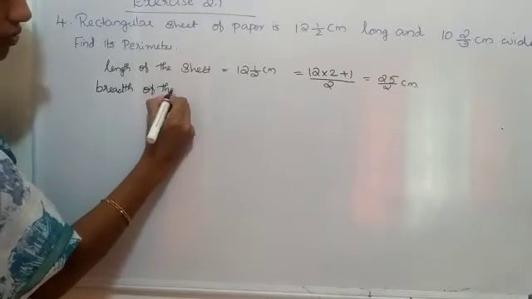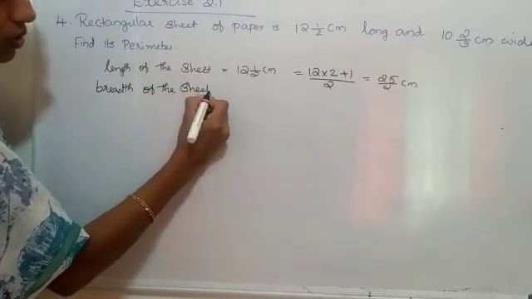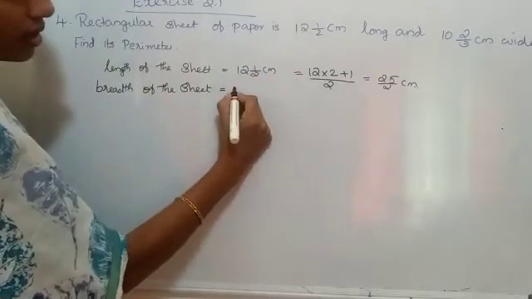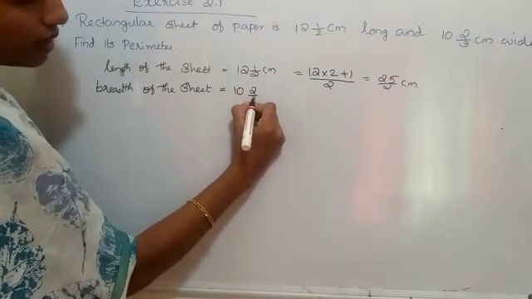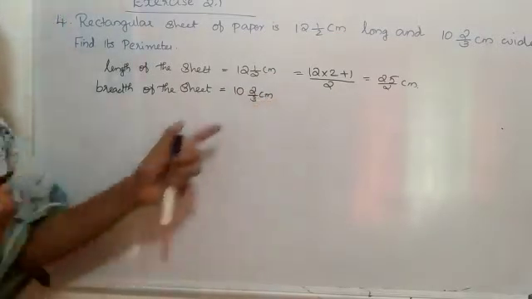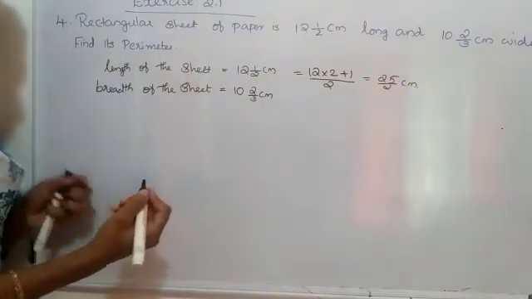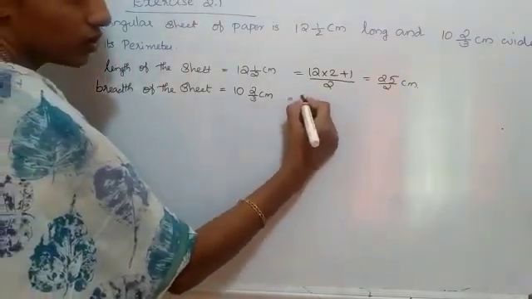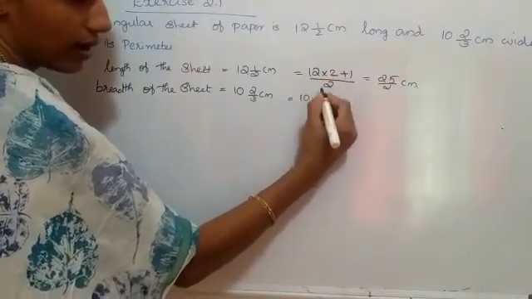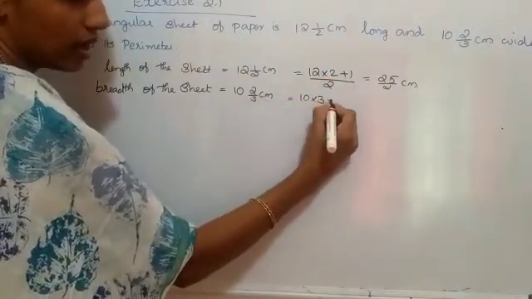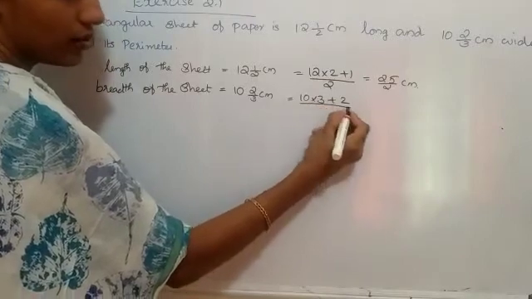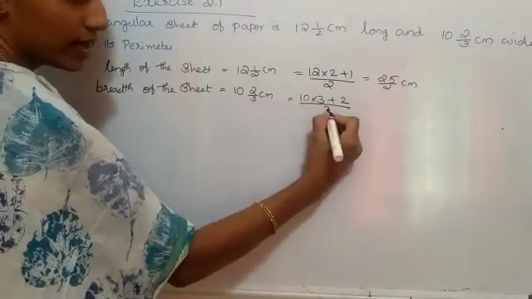Similarly, the breadth of the sheet. What is the breadth of the sheet here? Given 10 2/3 centimeter. This is also a mixed fraction. We need to convert it into an improper fraction. How to do this? In the same way, 10 into 3 plus 2, keep the denominator the same.